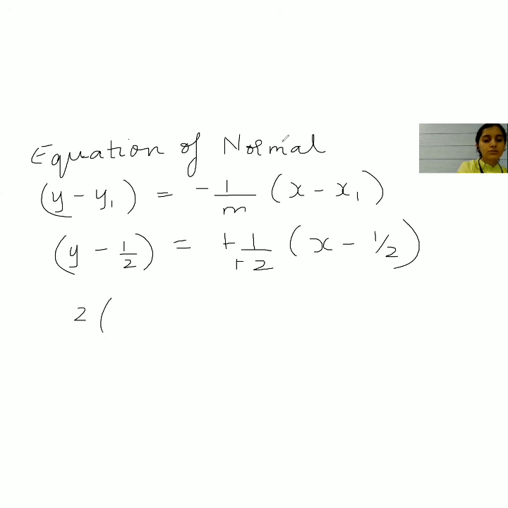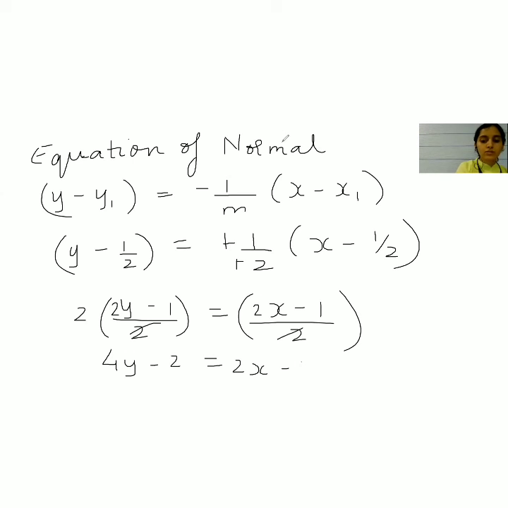So we have 2 into y, 2y minus 1 upon 2 equal to x, 2x minus 1 upon 2. This 2 cancels out. So we have 4y minus 2 equal to 2x minus 1.